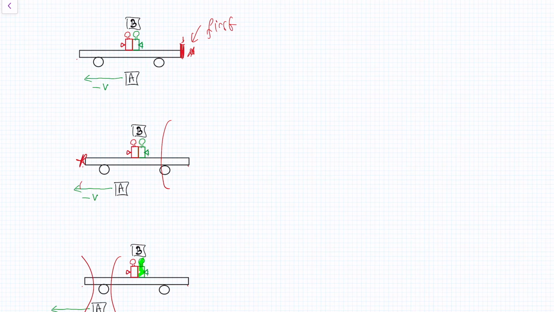So the assumption that both firecrackers exploded at the same time as seen by B was incorrect, and this is in fact the whole point about the relativity of simultaneity.